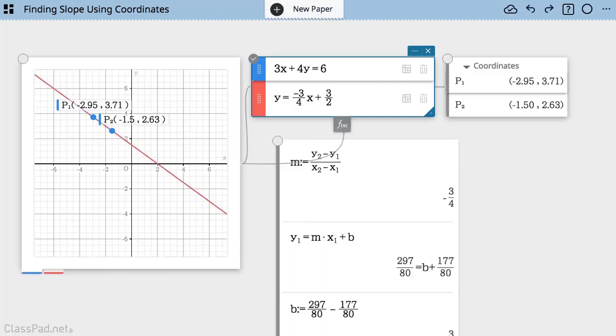Hit execute, and you'll notice that the calculator has graphed right on top of the same equation because the equations are exactly the same. So it's just another neat way to find slope using the coordinates and then convert that into slope-intercept form.